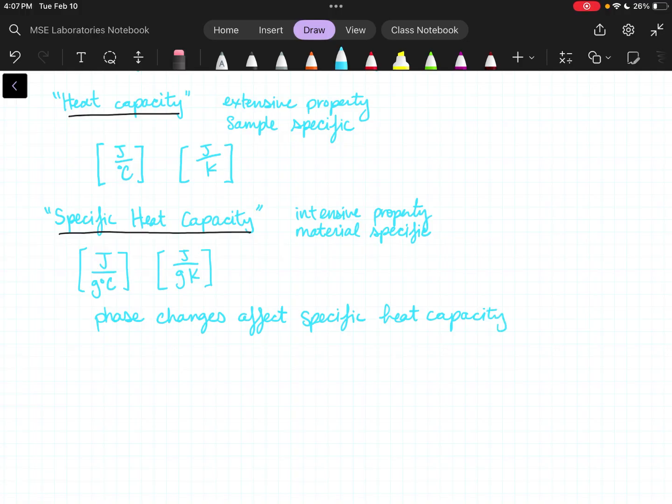You're going to see a difference in heat capacity when the phase changes. So when we're talking about water, I am talking about maybe liquid water, not the same as ice, not the same as water vapor.